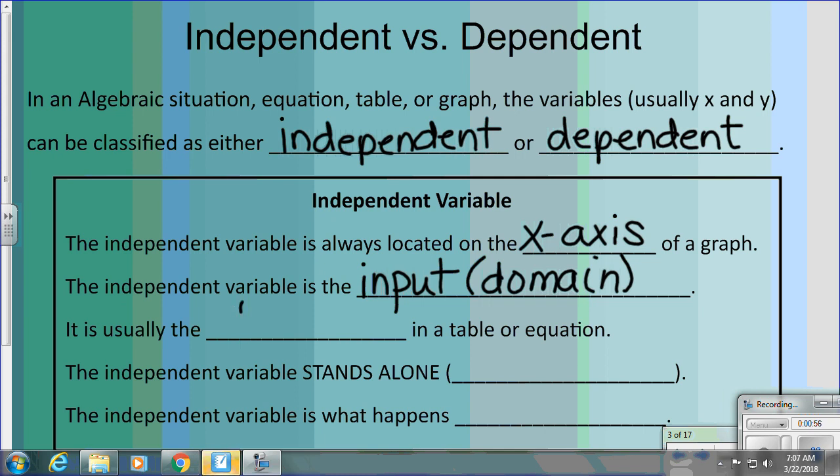It is usually the x in a table or equation. The independent variable stands alone, meaning it does not depend. It can make sense all on its own. The independent variable is what happens first.